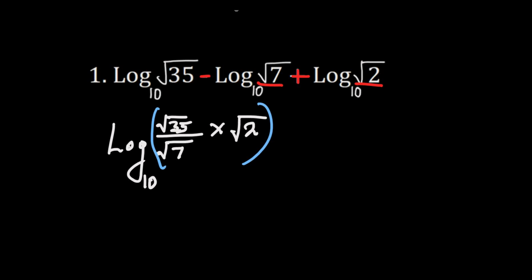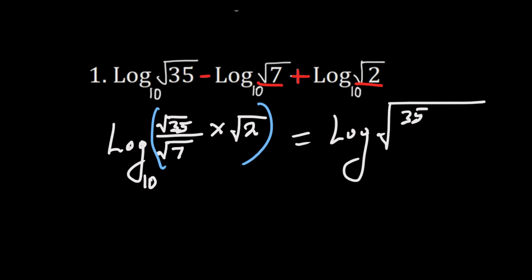And because we have the square root sign on each of these values, we can simply put everything in a single square root symbol. So this will become log the square root of 35 over 7 times 2 to base 10.